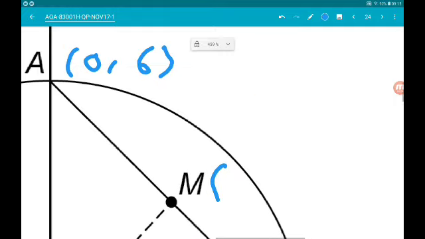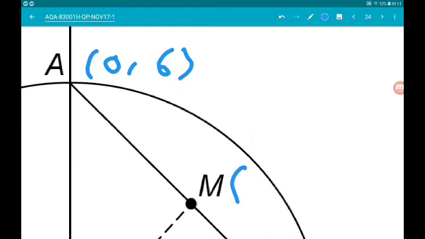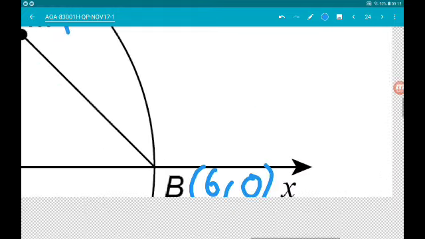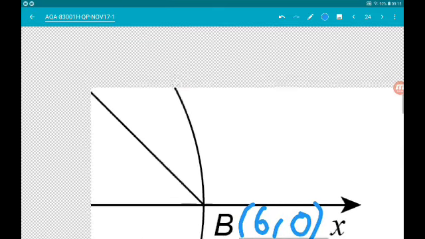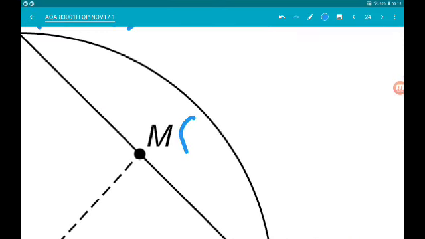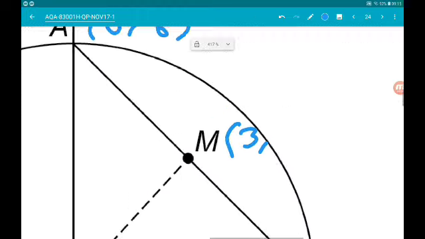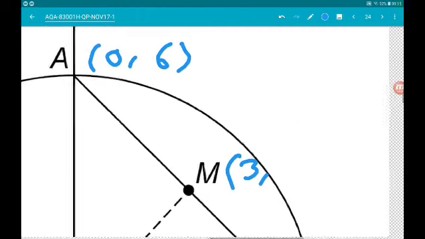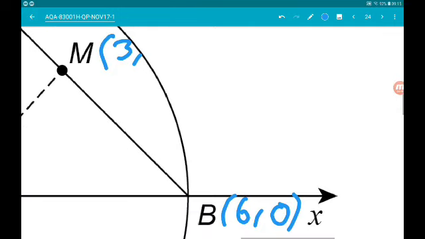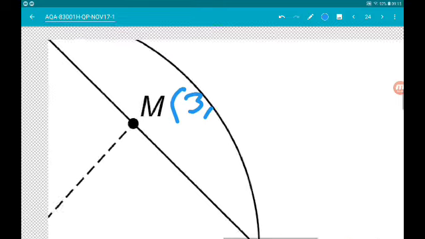So for the x coordinate, we get 0, add 6, divided by 2, it's going to give us 3. And for the y coordinate, we get 6, add 0, divided by 2 is 3 again.